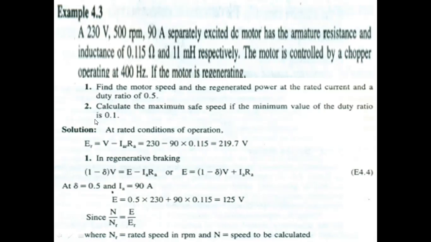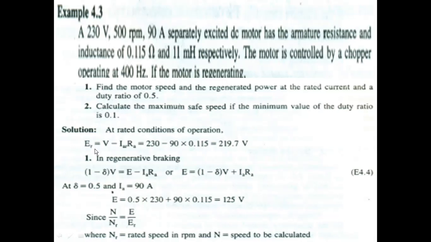Okay, so first bit: find the motor speed and generated power at the rated current and a duty ratio of 0.5. For the rated conditions of operation, first we have to calculate the voltage E. I am denoting it with ER, the voltage at rated conditions.